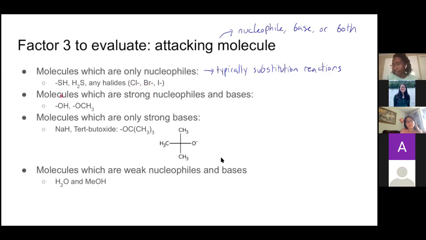Next, we have molecules that can be both strong nucleophiles and strong bases. Because of the word strong, which is key here, these molecules are usually featured in SN2 and E2 reactions, because you need a strong nucleophile and/or base to do a concerted reaction.